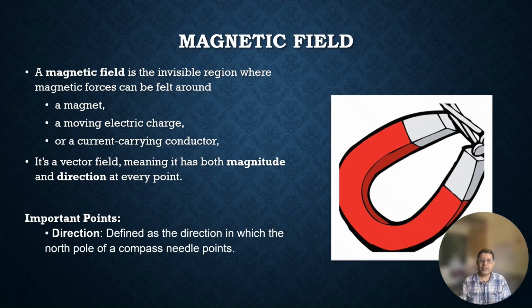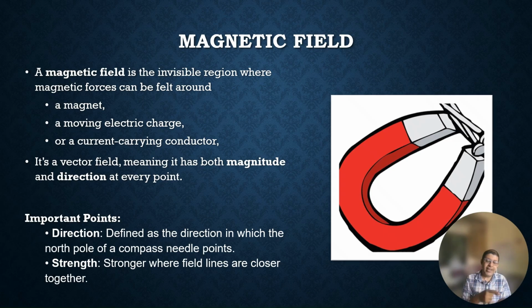Important points to remember here is that the direction in which the north pole of the compass needle seeks, that the north pole gets aligned in the direction of the magnetic field. That means whichever side the north pole is getting aligned, the magnetic field is in that particular direction.